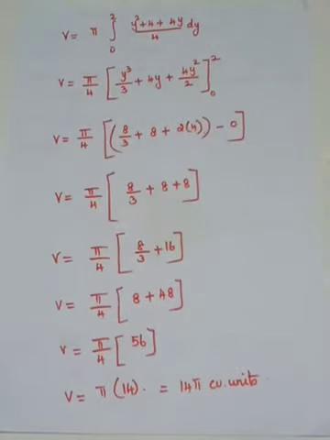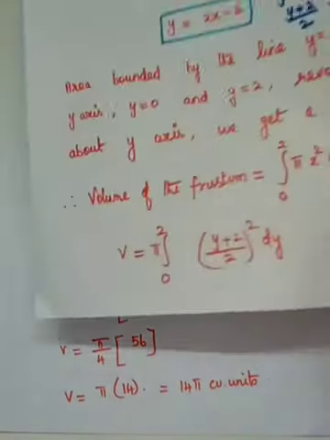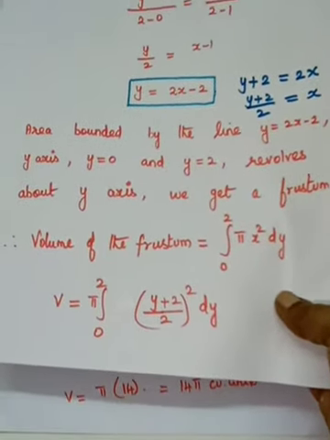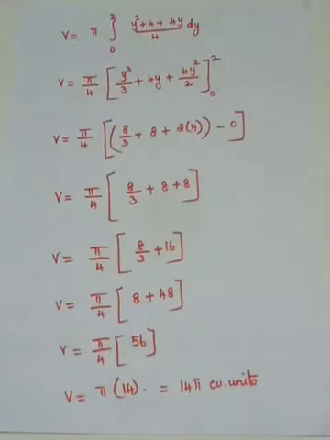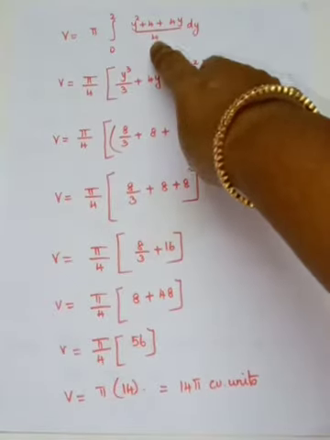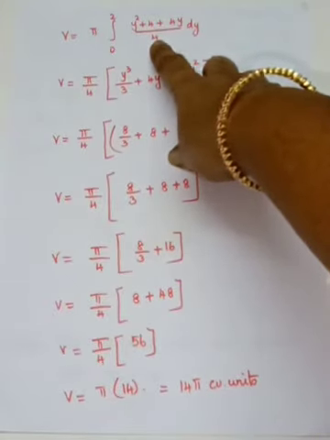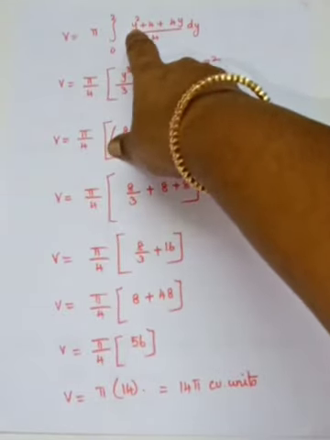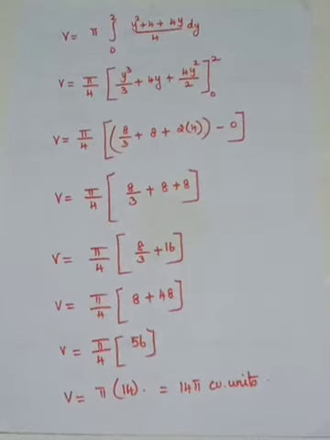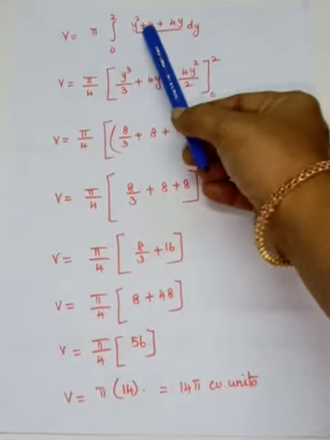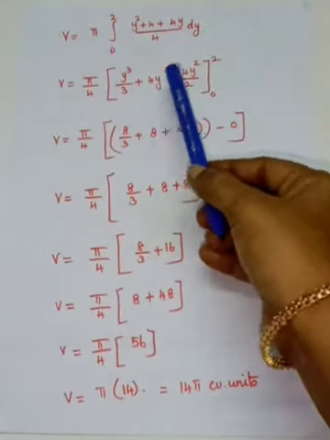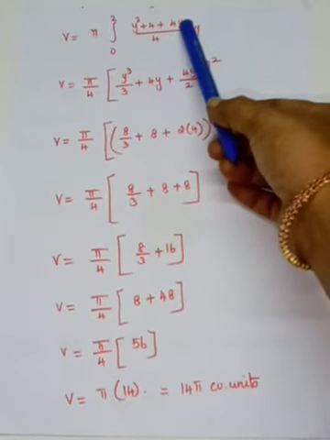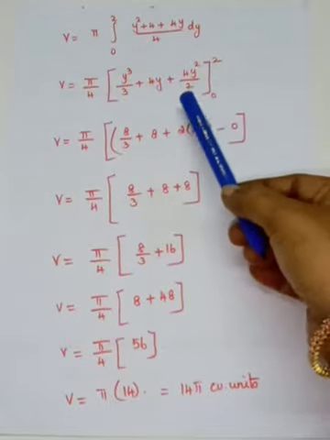See, (y plus 2) the whole squared. If you expand, it is (a plus b) the whole squared, so y squared plus 4y plus 2 squared, and 2 squared is 4. The 1 by 4 is a constant, so it is taken out. Now you are going to integrate y squared, which is y cubed by 3, plus 4y, since 4 is a constant, and integrating y gives y squared by 2.